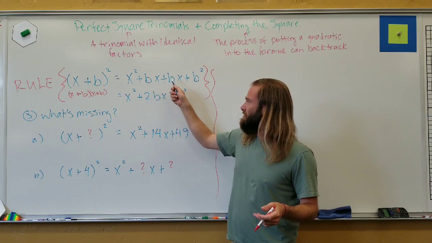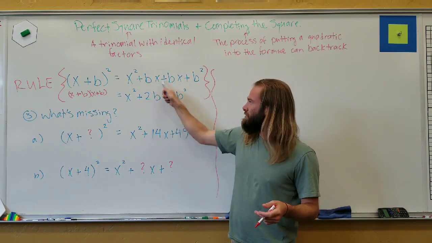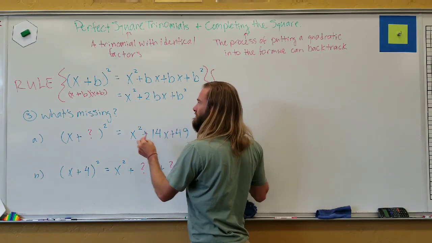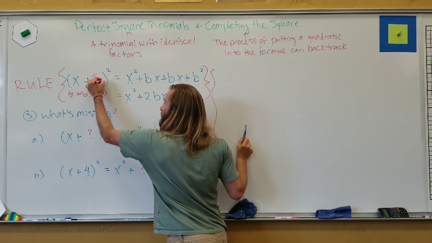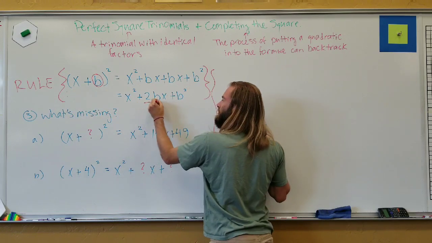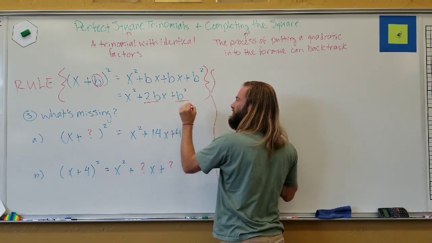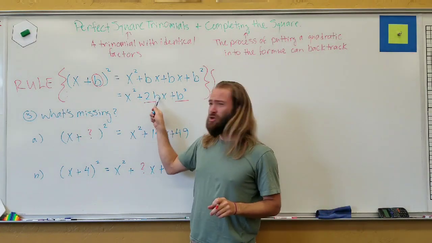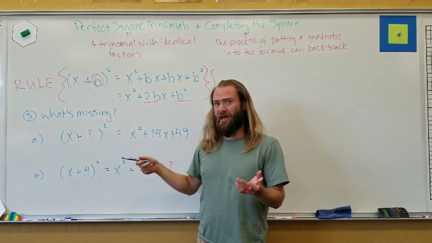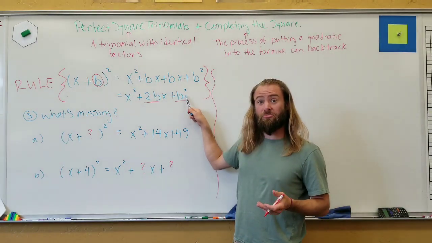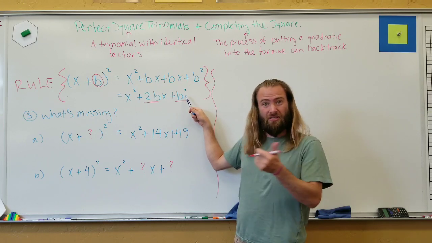Well, if you have bx plus bx, b plus b is 2b, right? So let's look carefully here. Whatever this number was here for b, how does that relate to my result there and my result there? This coefficient is always 2b, which is double that, right? And then this constant at the end is always b squared, because it ended up being b times b.